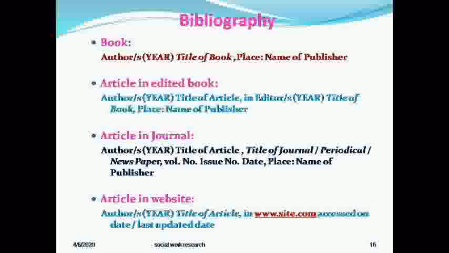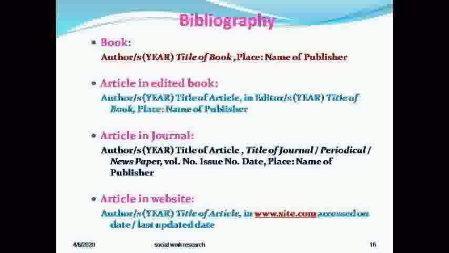If you review an article from a journal, first you have to mention the author, followed by the year in bracket, then title of the article, then the title of the journal in italics, journal or the periodical or the newspaper, followed by the volume number and issue number. Generally, volume number refers to the year and issue number refers to the quarterly, half yearly or termly references.